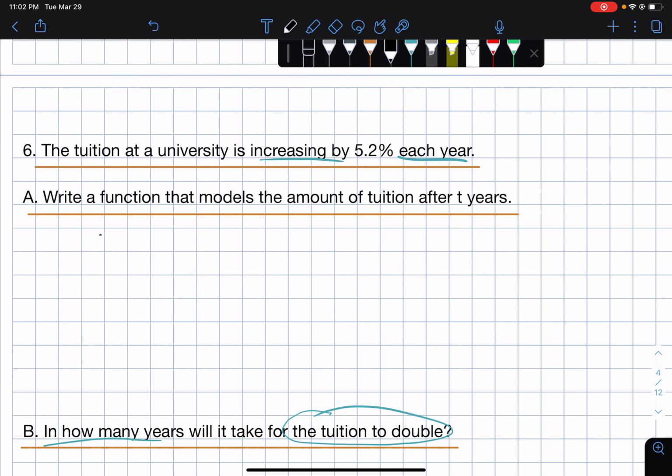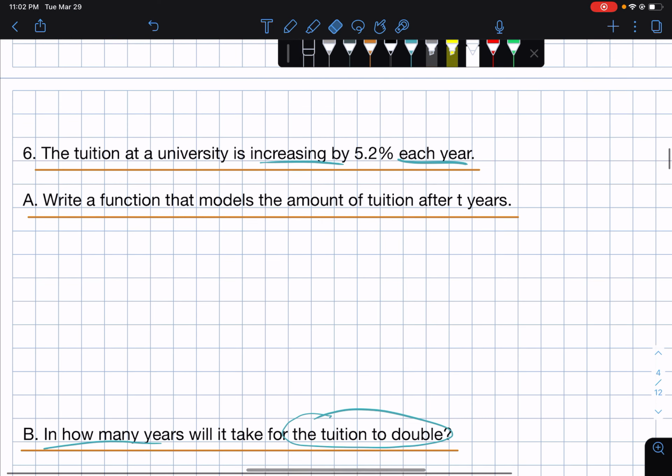So it suggests that we're dealing with a problem related to appreciation. So our formula is A is equal to AO times the quantity 1 plus r raised to t. So we're given r, which is 0.052.